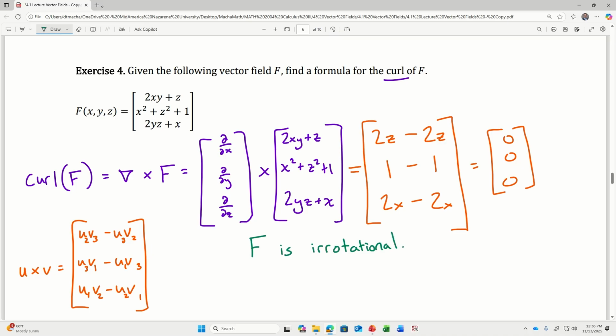What else do we know about F? It's conservative. If my curl ends up being the 0 vector, and it's not always the 0 vector, right? But if it happens coincidentally to be the 0 vector, then we say F is irrotational, and that means F is a conservative vector field.